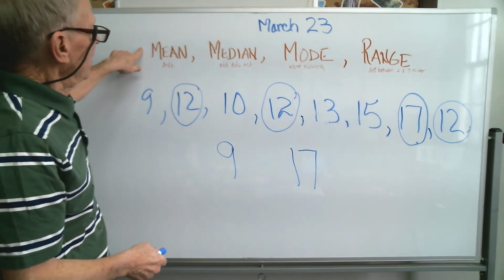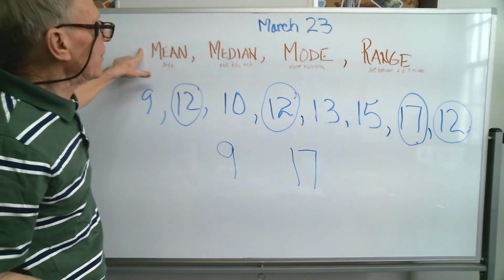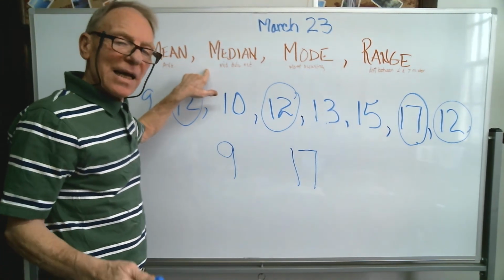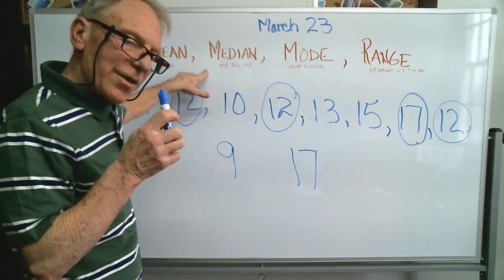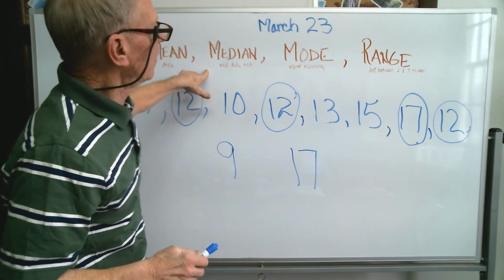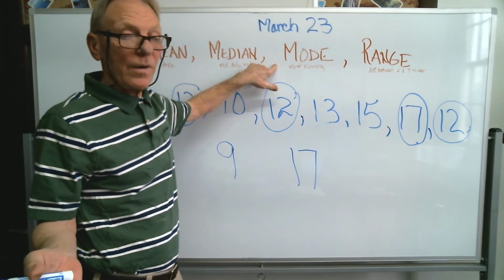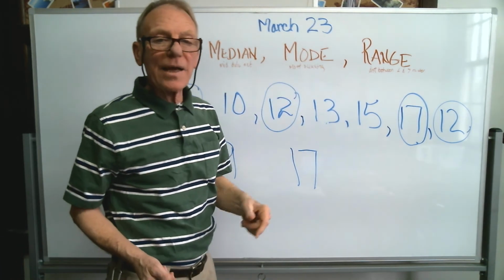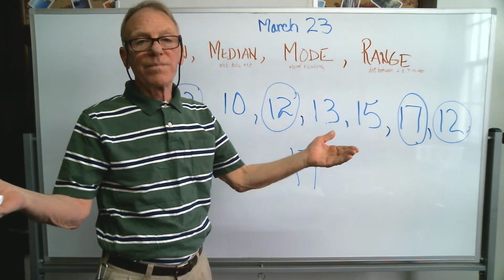Mean is the average. You add the numbers all together, divide it by however many numbers there are. The median, that's the number or the calculation that determines the midpoint of a set of numbers. The mode, the number that is occurring most frequently. And the range, the distance between the lowest and the greatest.